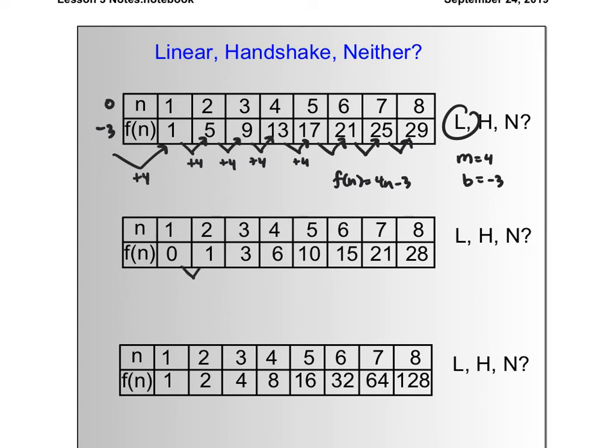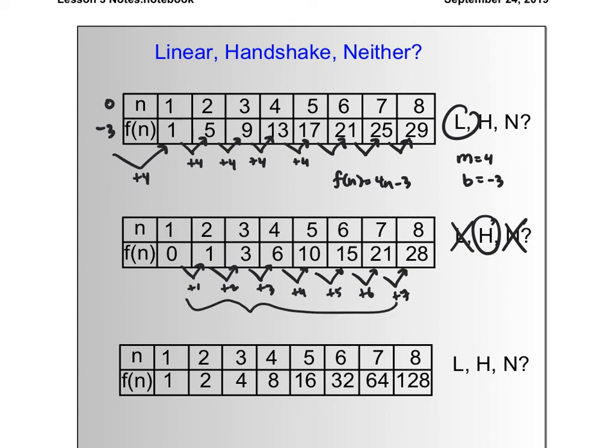All right, so I see a change by 1, then by 2, then by 3, then by 4, by 5, by 6, by 7. Now, this tells me this is nonlinear, so linear is out. What tells me that it would be handshake as opposed to neither? Okay, it is handshake because we see this pattern of change, right?